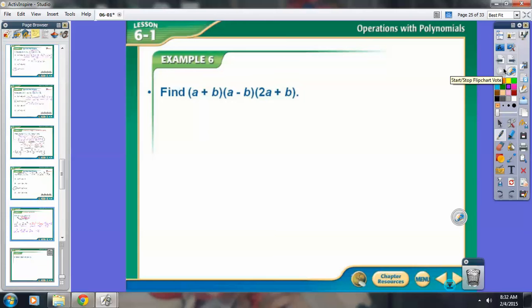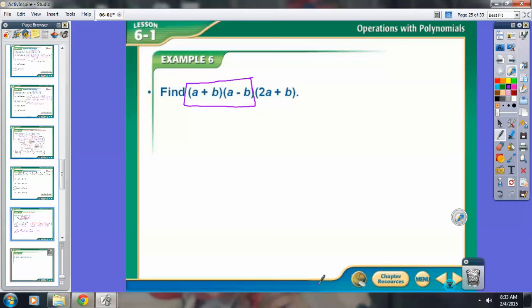What if I have a binomial times a binomial times a binomial? Distribute all 3. Now, you can only distribute 2 parentheses at a time. So before I jump into this, I'm only going to worry about the first 2 parentheses. I'm not even going to worry about the last one for the time being.